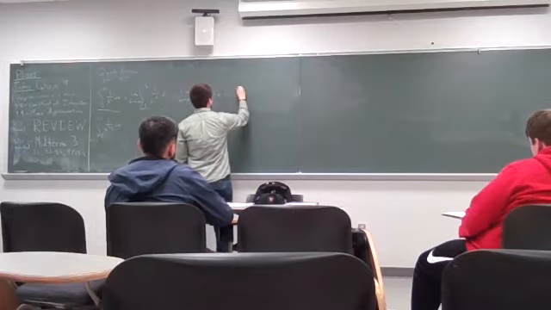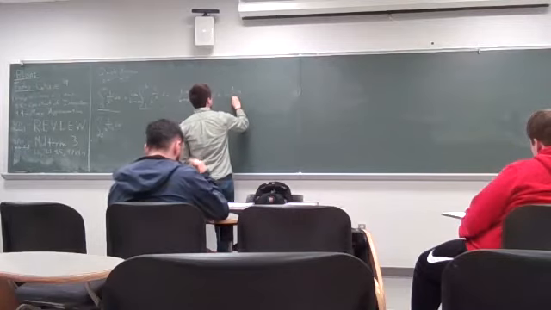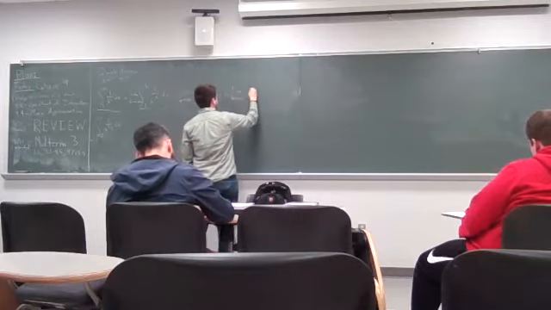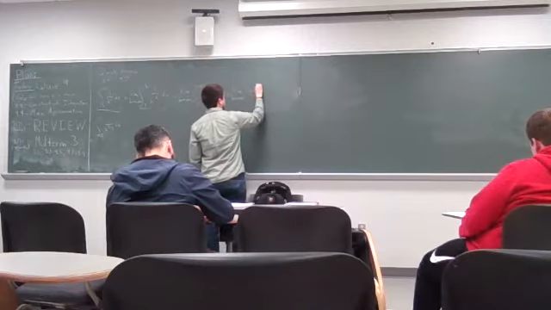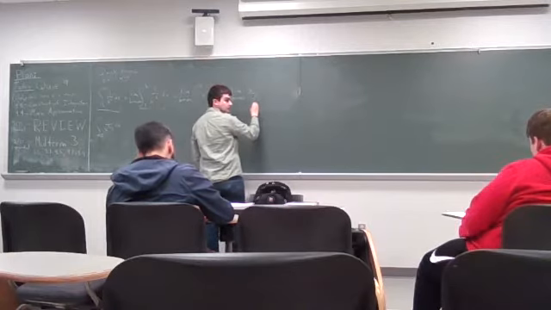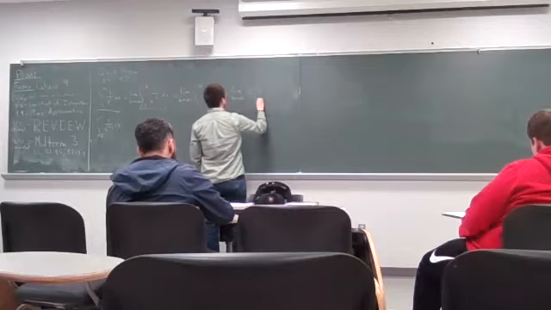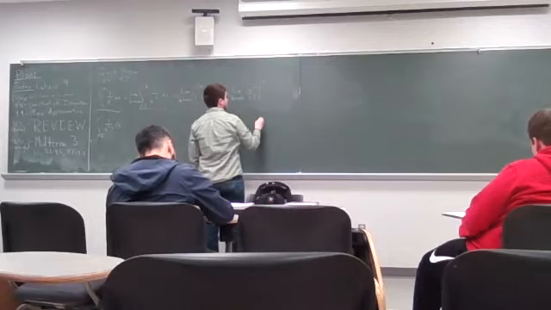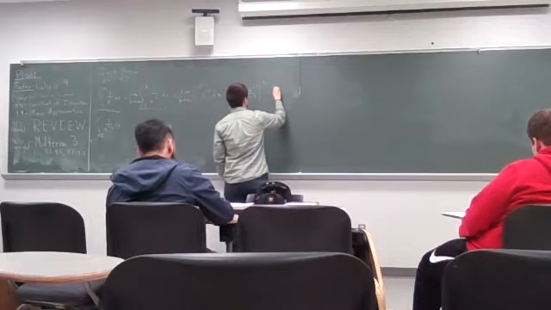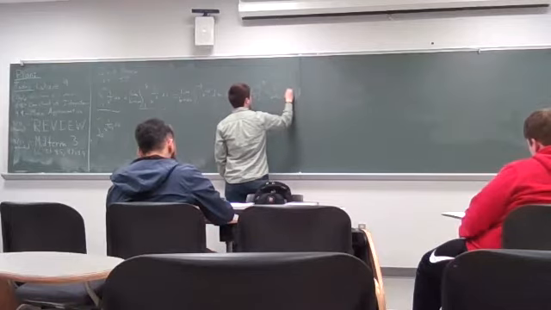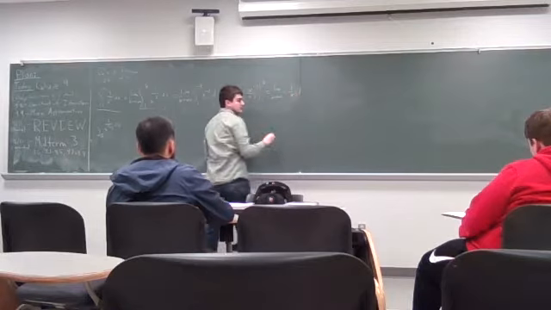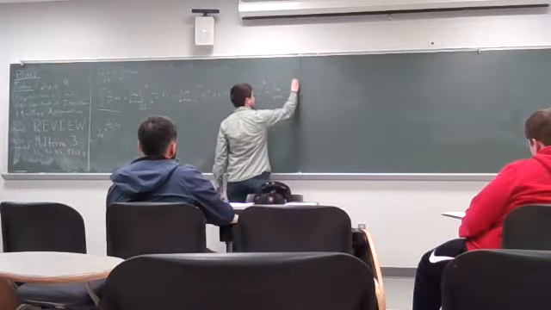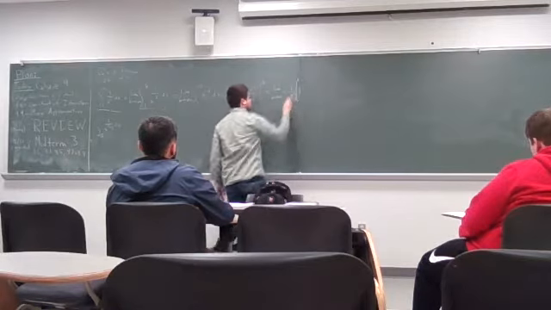Because we have the limit as b approaches infinity of x to the negative 1 over negative 1 evaluated from 1 to b, which is the same thing as the limit as b approaches infinity of negative 1 over x, evaluated from 1 to b.